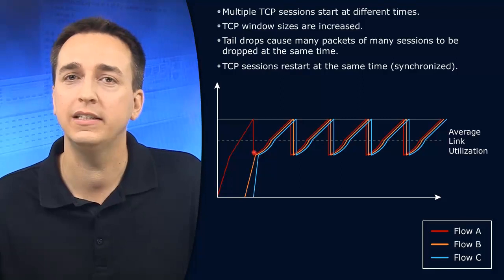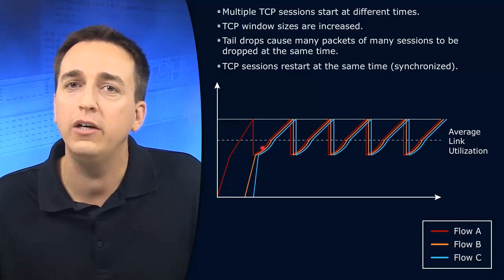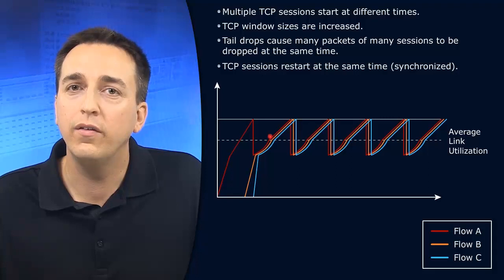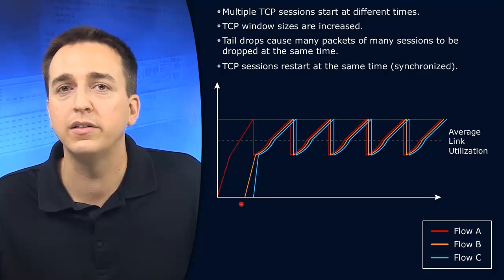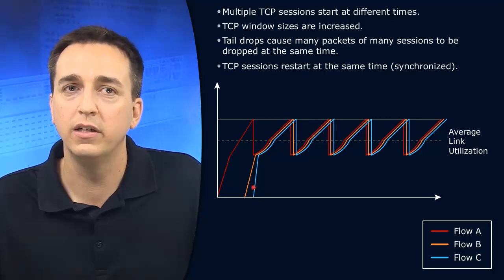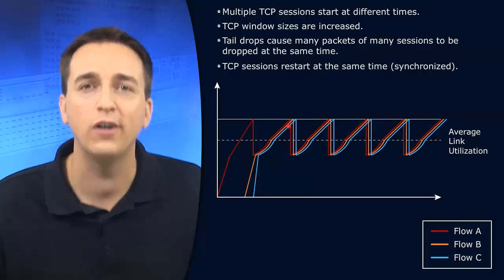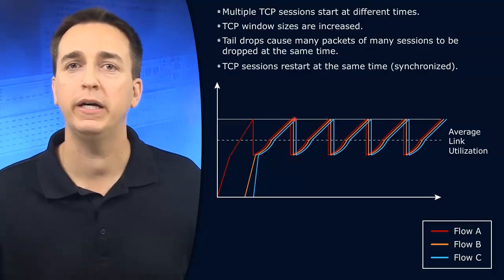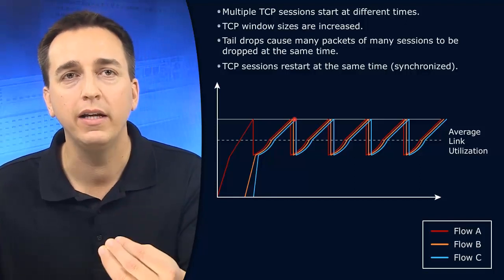It clears things up. So then we start to slowly grow our window size and the amount of information we're going to send. But notice here that our other devices in the network are also sending information. So they start sending and they start growing. We all start growing, and then boom, we all experience what? The congestion at the same time, and then tail drop.